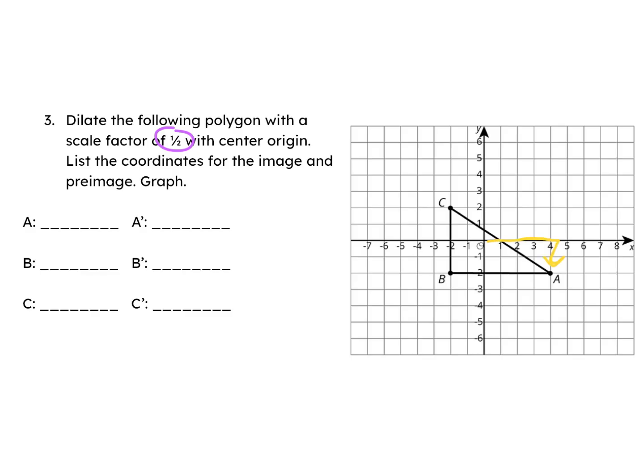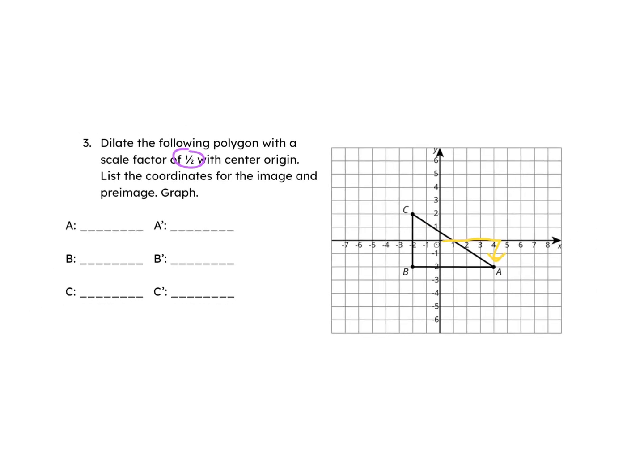So the ordered pair for A is (4, -2). B, you can see B goes back 2, down 2. So B is (-2, -2). And then C is back 2, up 2. So C is (-2, 2).